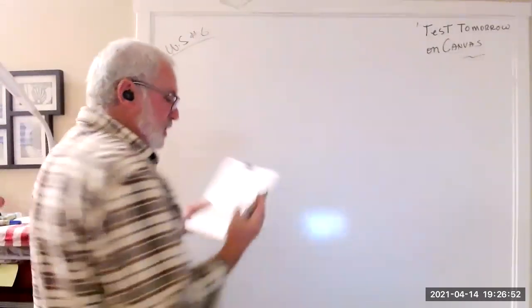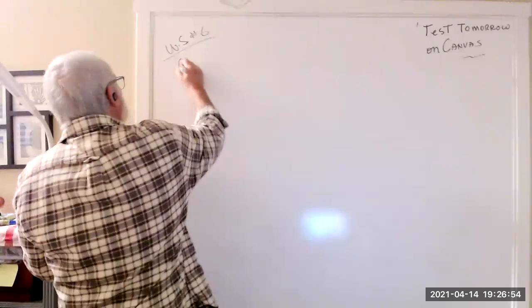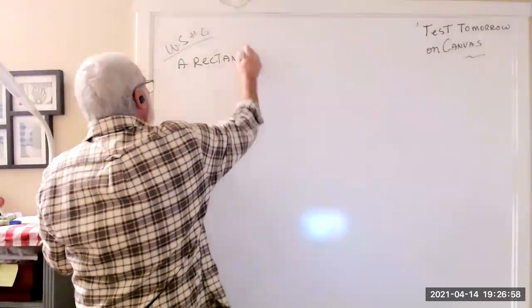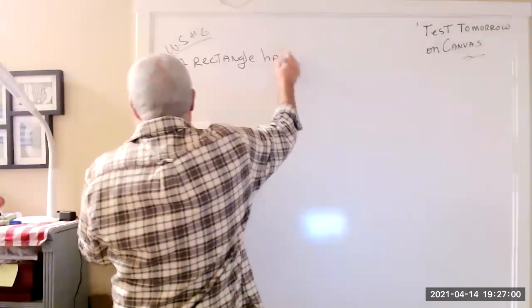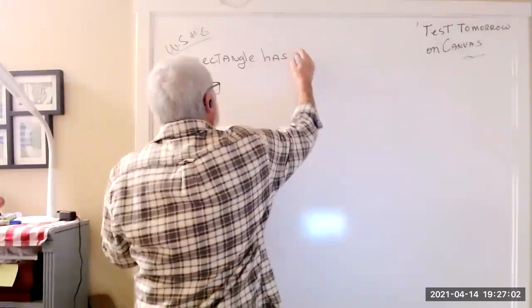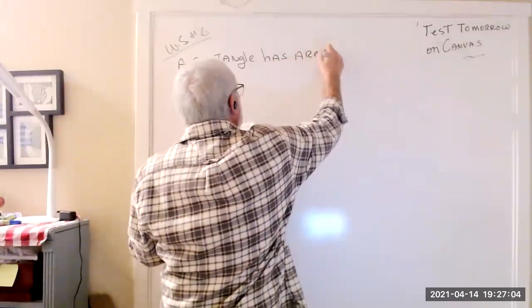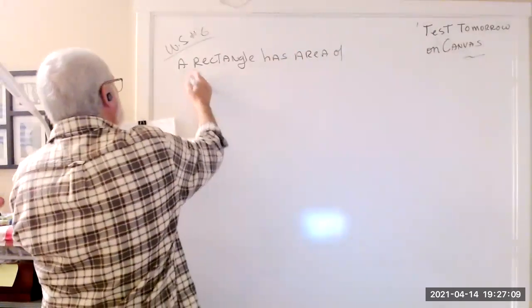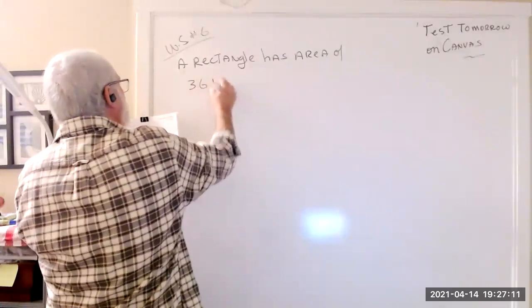So number 6 says a rectangle has area of 36 feet squared.